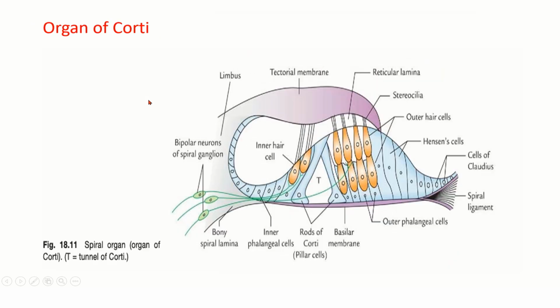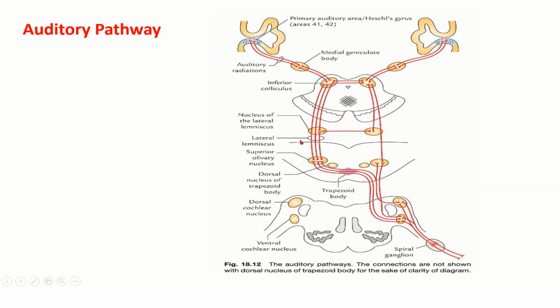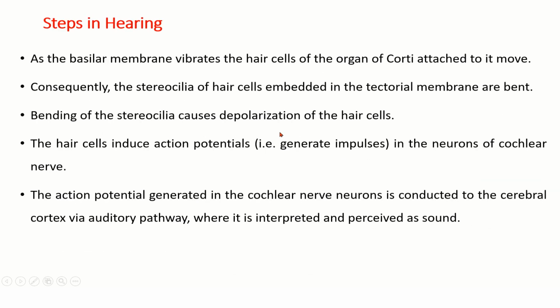You can see here. So when this membrane, this tectorial membrane, will press upon the stereocilia of the hair cells. As the basilar membrane vibrates, the hair cells of the organ of Corti attached to it move.